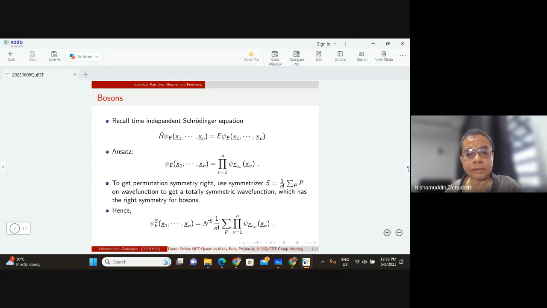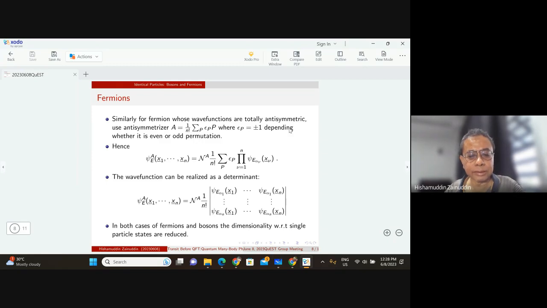I think this is quite simple. I think I've actually done this in the second course of quantum mechanics.